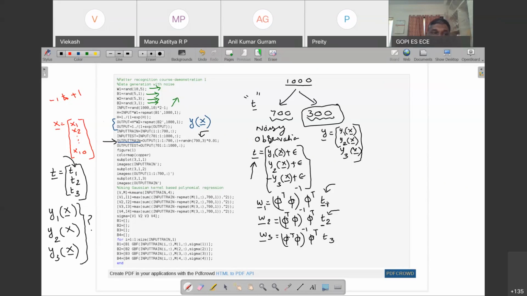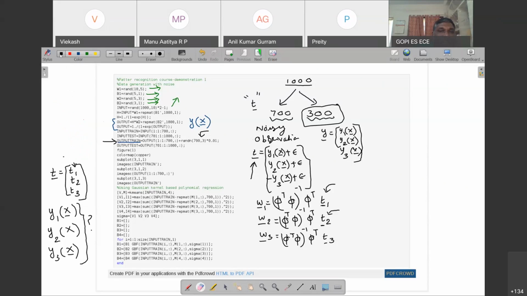What does it mean? You have that observation T1. How many observations do you have? 700. In fact, let me write it explicitly to make you understand better.